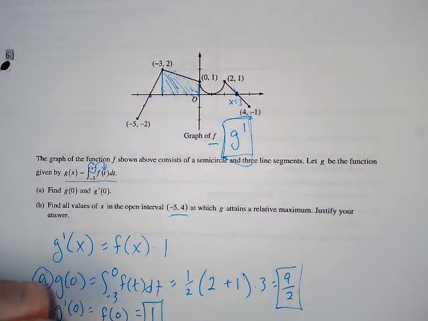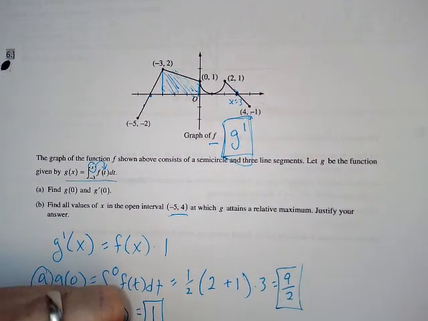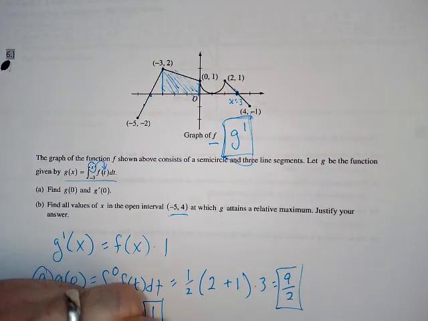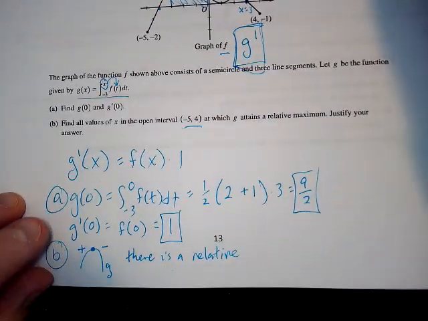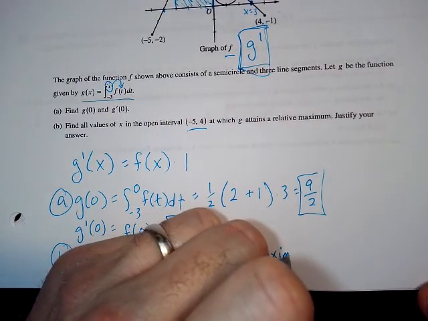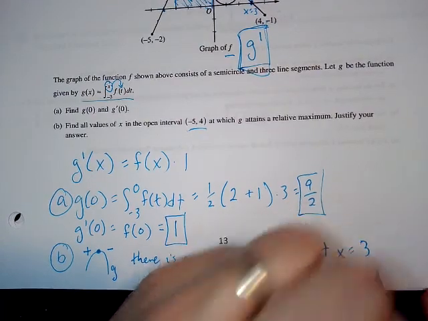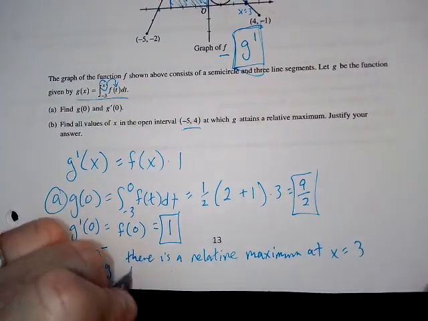And so we would say there is a relative maximum at x equals 3. Why?